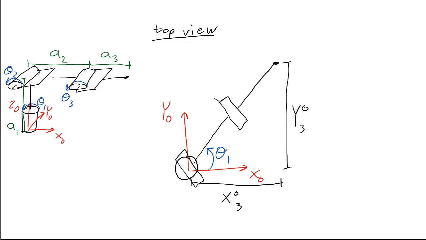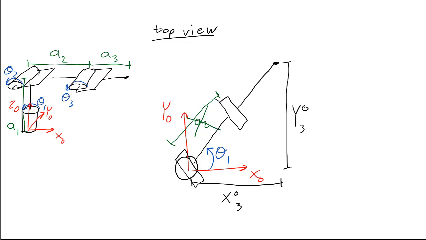Now, besides being able to identify what different distances are, it can also be very helpful in doing inverse kinematics to be able to identify what distances are not. For example, this distance right here looks like it's the distance A2, but that's actually not true.